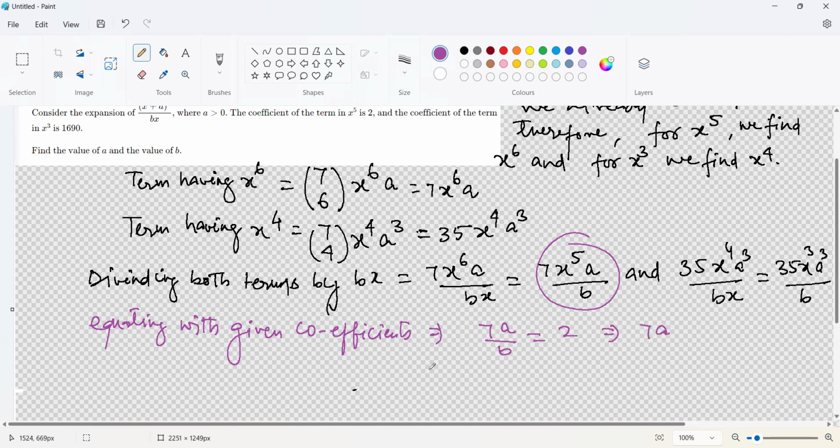So what I'm getting, 7a is equal to 2b. And x cube coefficient, so that is 35a cube over b is equal to 1690. So 35a cube is equal to 1690 times b.